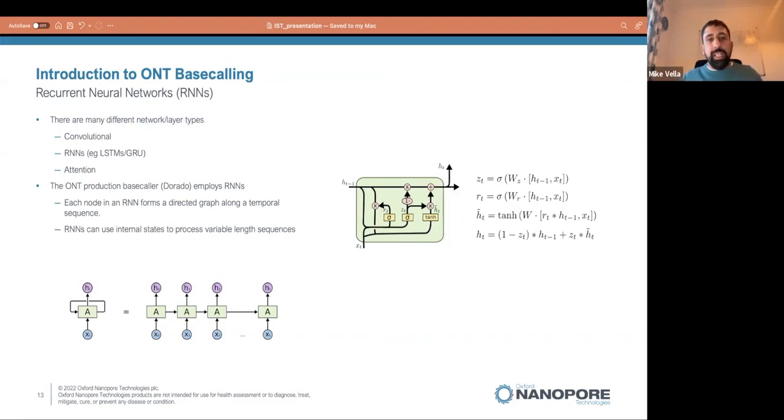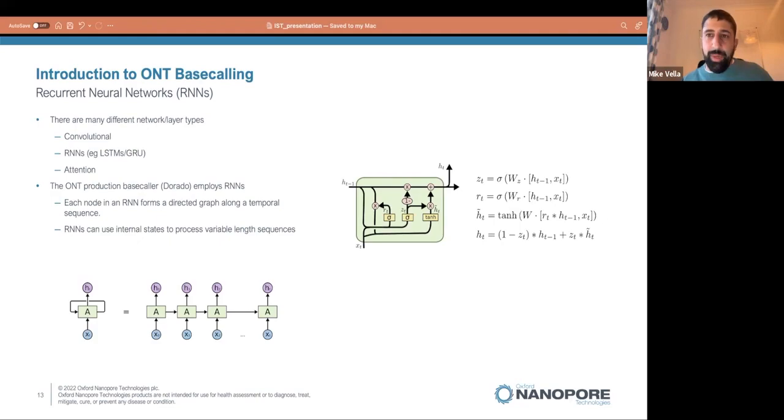So in a recurrent neural network, each node forms a directed graph along a temporal sequence. And RNNs use internal states to process variable length sequences. Given that the field of automatic speech recognition and so on have kind of moved away from RNNs, I suppose there might be people in the audience wondering, why do these guys use RNNs?